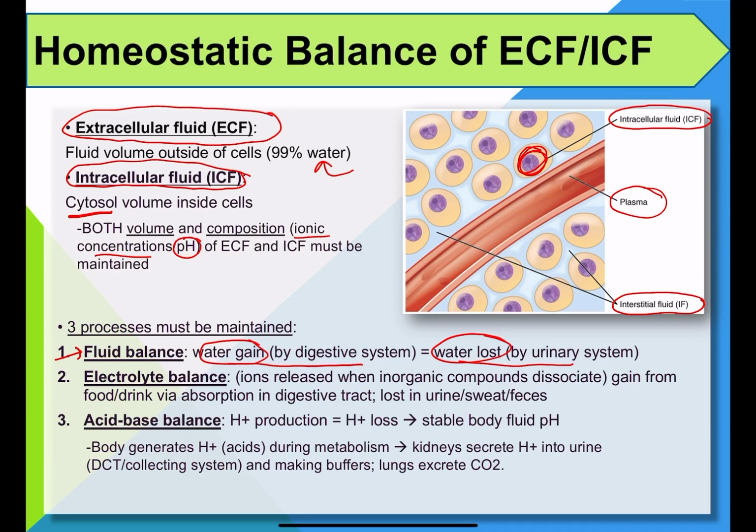Electrolyte balance also needs to be tightly regulated. This includes all those ions when you ingest those compounds, because they will dissociate into their individual ions as you eat that food or drink, using the reabsorption that's happening inside your small intestine. And also there will be ions that will be lost in your urine, sweat, and feces.